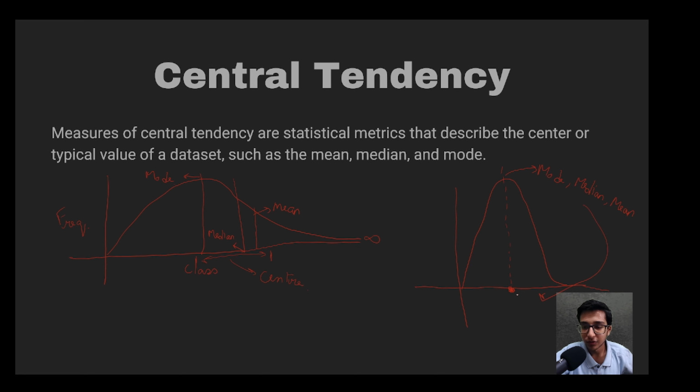This value here would be our mode or median or mean. In this example, this value would become our mean, this value would become our median, and this would become our mode. So basically the value on the x-axis becomes our central tendency value.